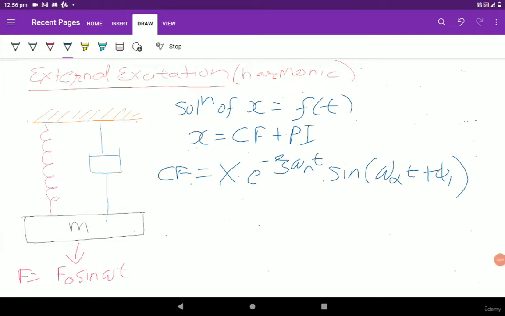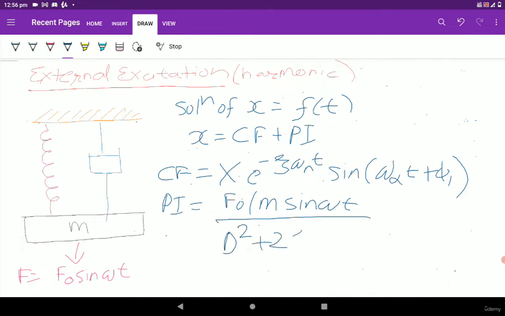The particular integral for this case is equal to F naught by m sine omega t divided by D square plus 2 zeta omega n D plus omega n square.